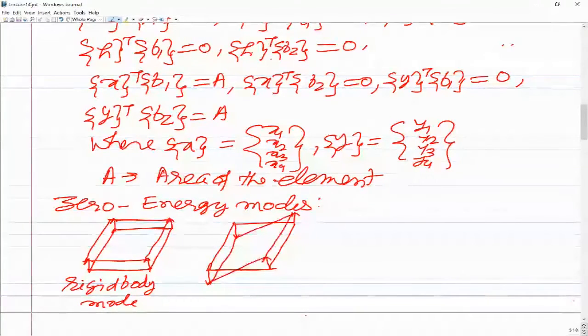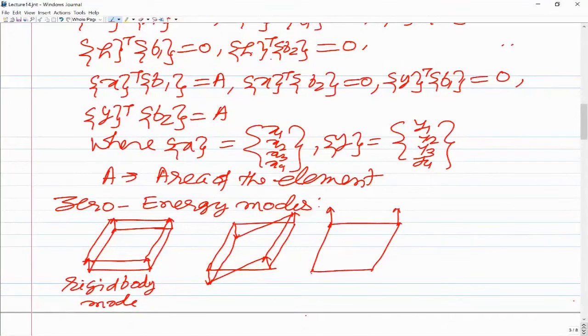Similarly, there can be another bending mode due to rotation about x axis. In that, one side w is positive, other side w is negative. So when you plot the deformed shape, it is going to be like this. These are bending modes.